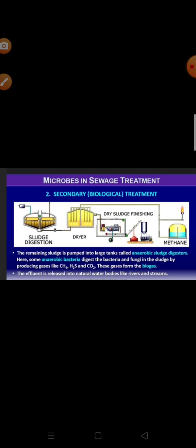Higher biological oxygen demand will indicate a higher polluting environment. So you can understand that if BOD is more, then there is higher polluting potential.